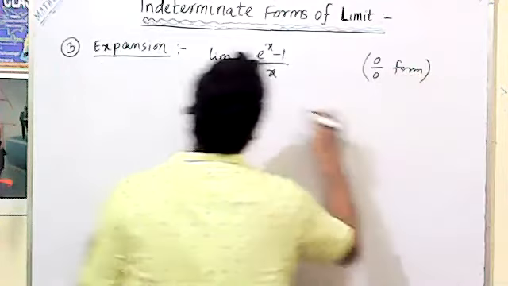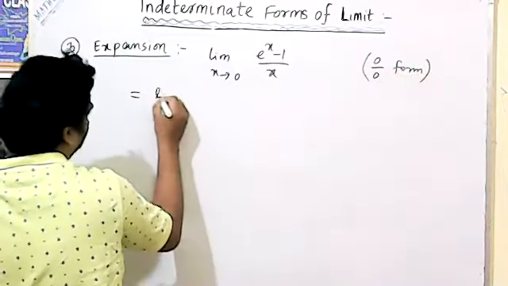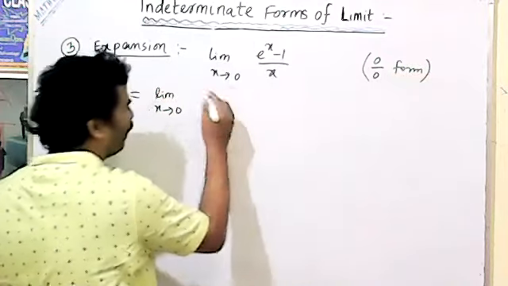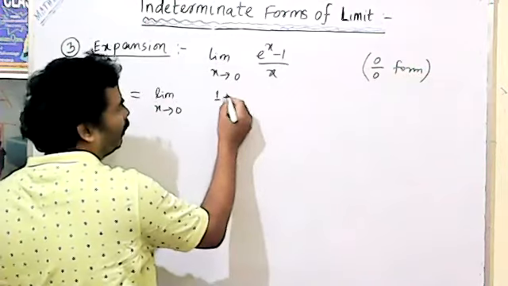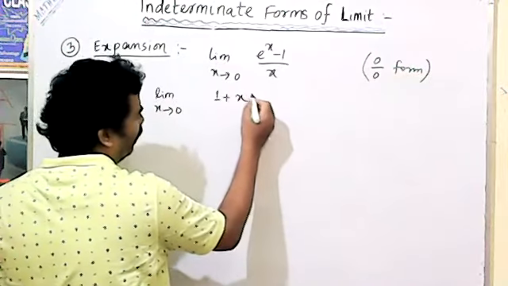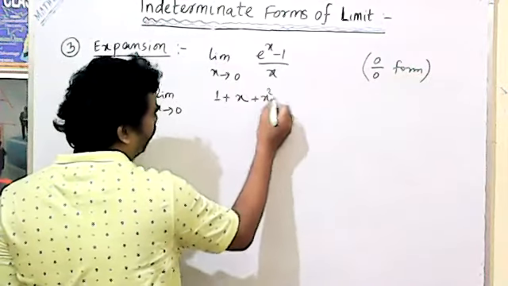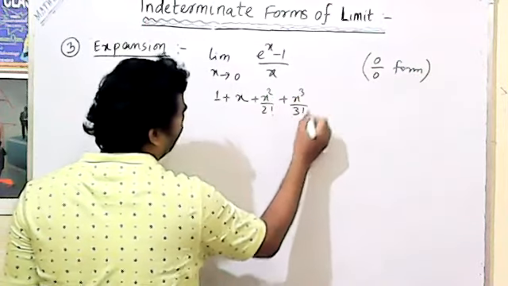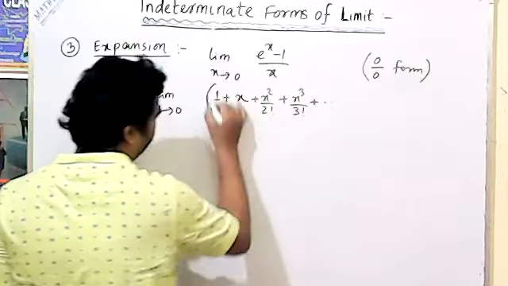You can put in the series concept. Here, the series value of e to the power x is 1 plus x plus x square by 2 factorial plus x cube by 3 factorial plus dot dot dot.